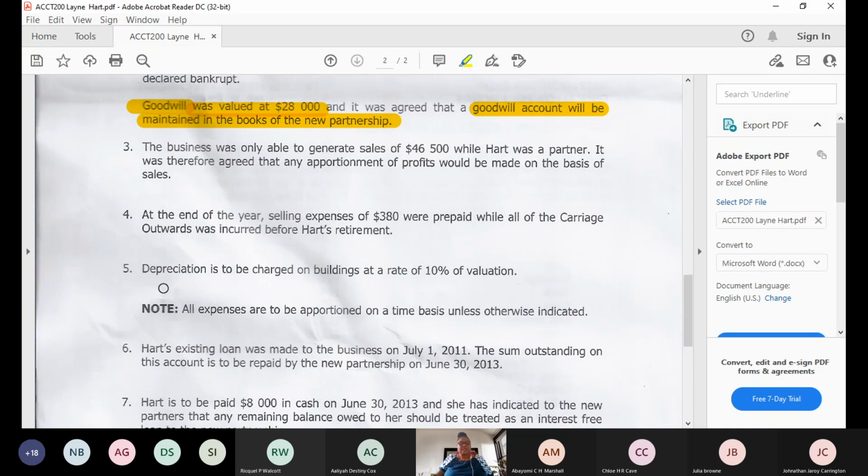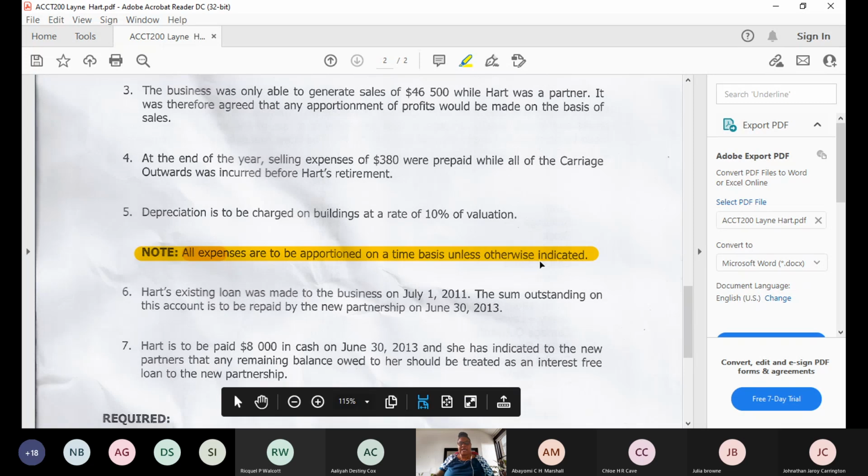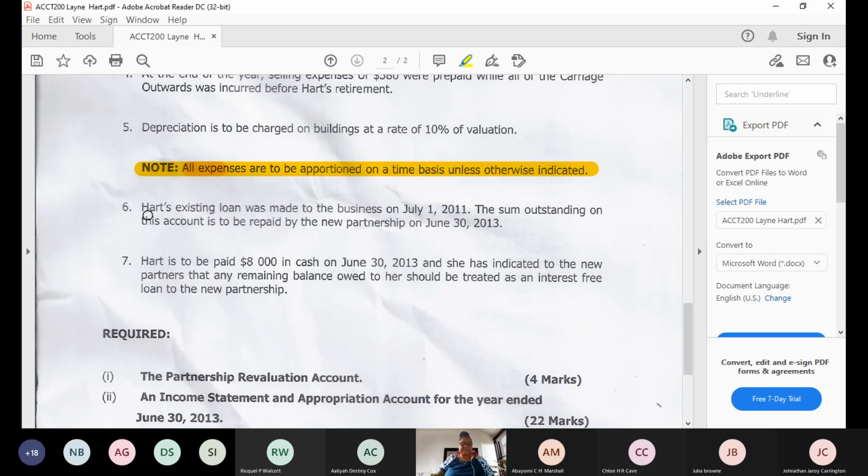Number 5, depreciation is to be charged on buildings at a rate of 10% of valuation. And note, all expenses are to be apportioned on time basis unless otherwise indicated. So this is important. All expenses are to be apportioned on a time basis unless otherwise indicated. Number 6, Hart's existing loan was made to the business on July 1st, 2011.